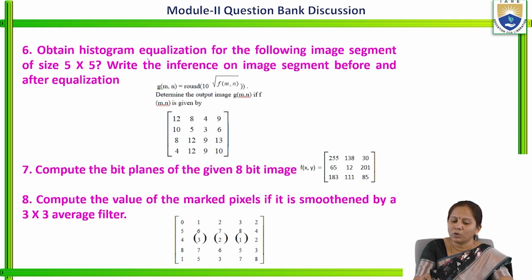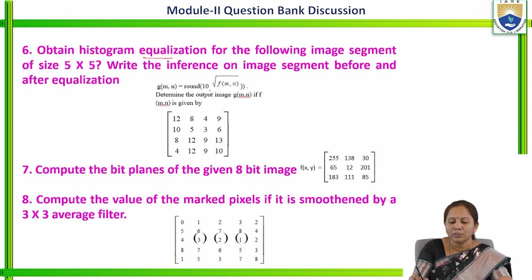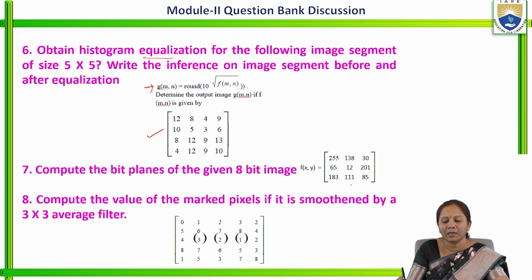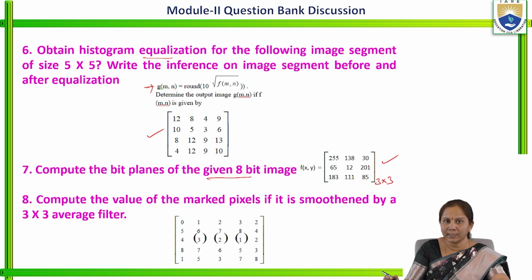This problem is also related to histogram equalization. G of m comma n is given, this is f of x comma y, and we have to perform histogram equalization. Compute the bit planes of the given 8-bit image. Here this is an 8-bit image because 2 power 3 is 8, so we can call it an 8-bit image.